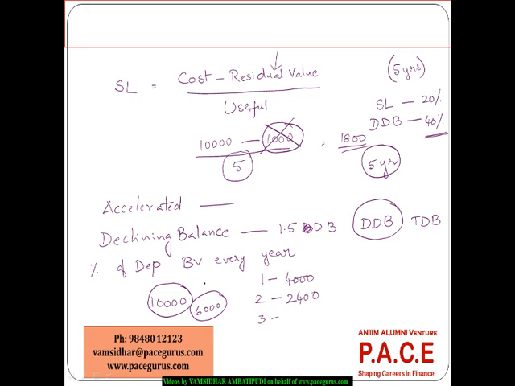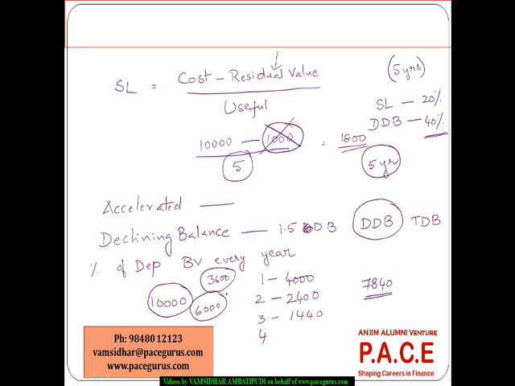Now, the revised book value is 3,600 only. Now, in the third year, 40% of 3,600, which is 1,440. So by now, what we could see is 7,840 is already depreciated at the end of year 3.